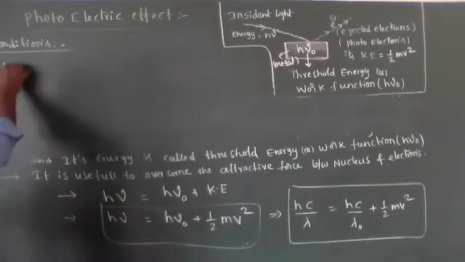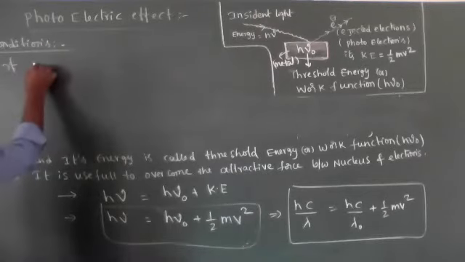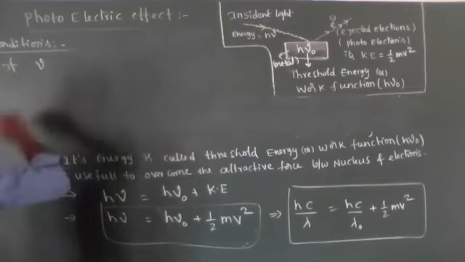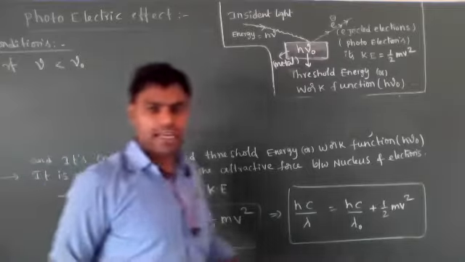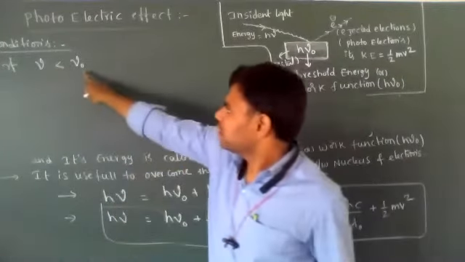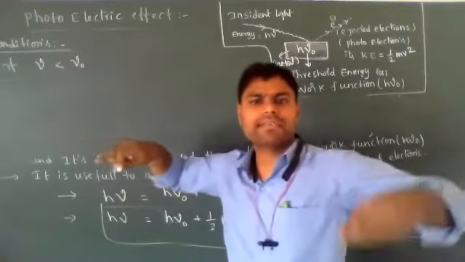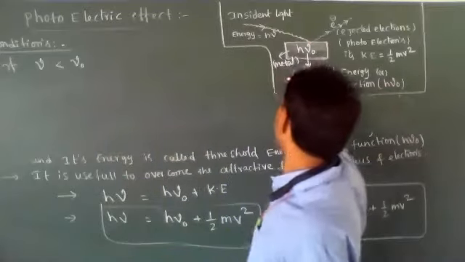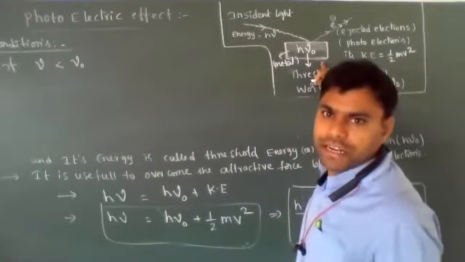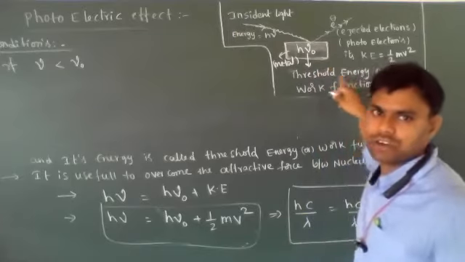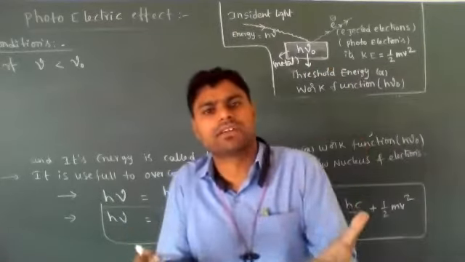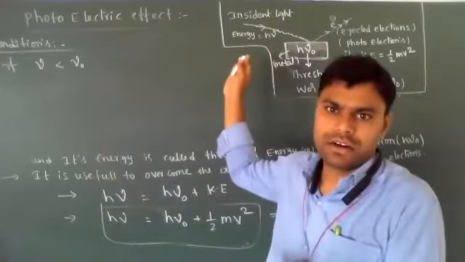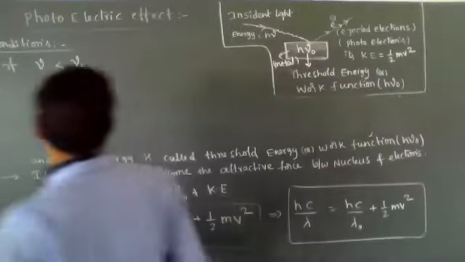Condition: if nu is less than nu naught, it means the incident light frequency is less when compared to the threshold frequency of the metal. Then what happens? The energy utilized is not sufficient to remove the electron.